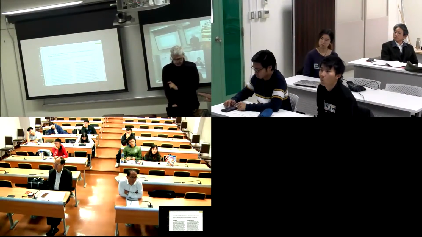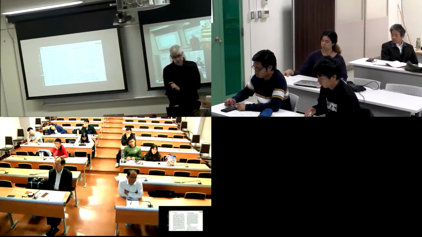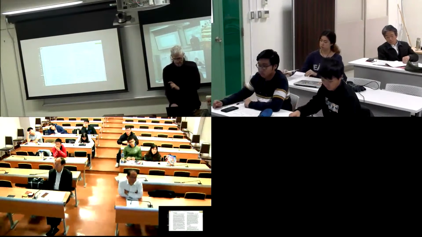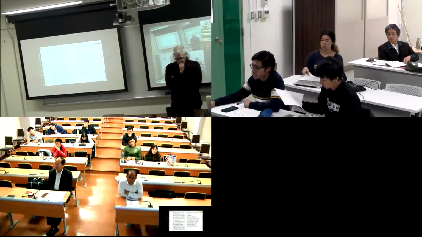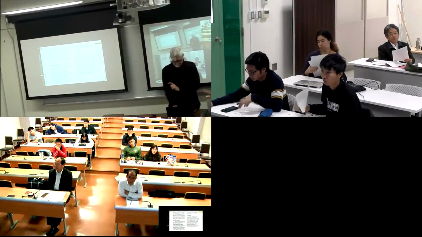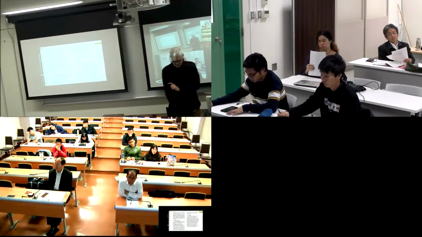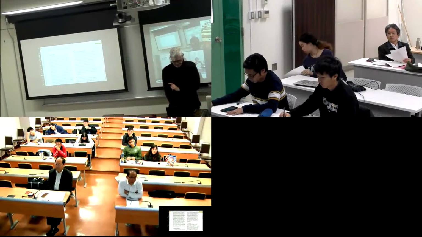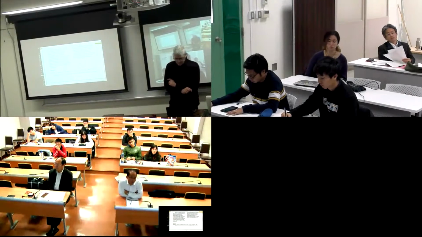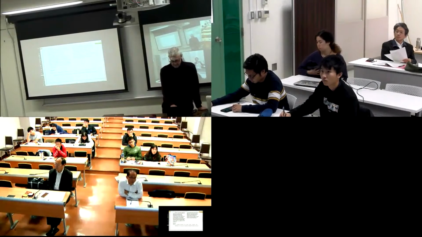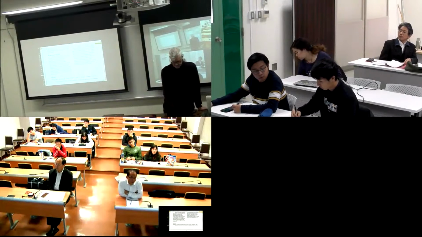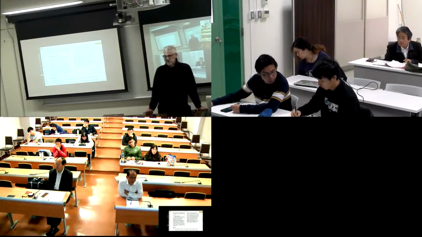Second section would be methods, materials and methods. This is a very typical section name. And third, the results and discussion. And finally, conclusion and references. This is the usual way to make it.